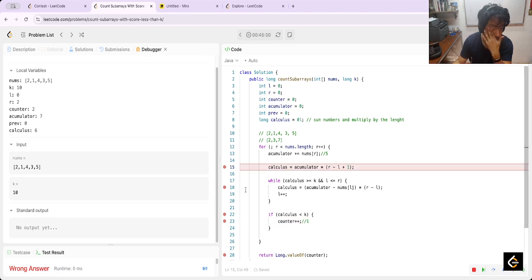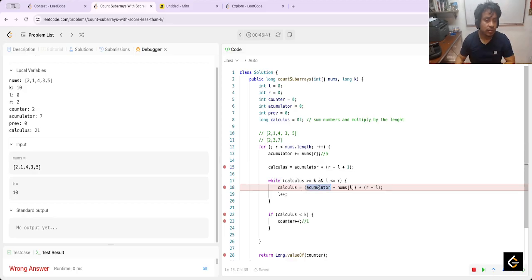Okay, now the next is 7 because it's 2 plus 1 plus 4 is 7. 7 multiplied by 3 is 21. Should we execute the while? Perfect. And accumulator, that is 21 less... why is 21 accumulator? No, accumulator is 7 less 2 is 5 multiplied by 2. Calculus is 10.